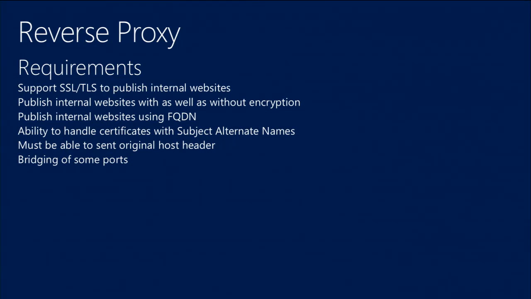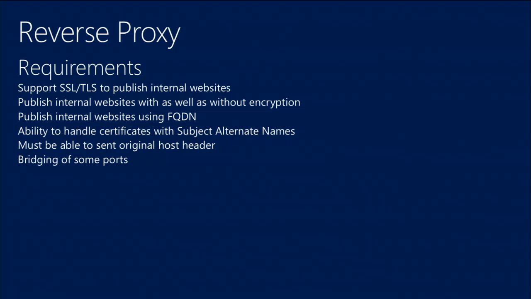Well, most organizations aren't going to let you go from the internet straight to your front-end servers. That's not going to work. So we need to have some kind of barrier in between. That's the job of the reverse proxy. It has to be able to handle certs with SANs, because we've got lots of names we're going to put on. Original host headers have to be sent through. We have to know what the original request was from the client. Was it for meet.contoso.com?